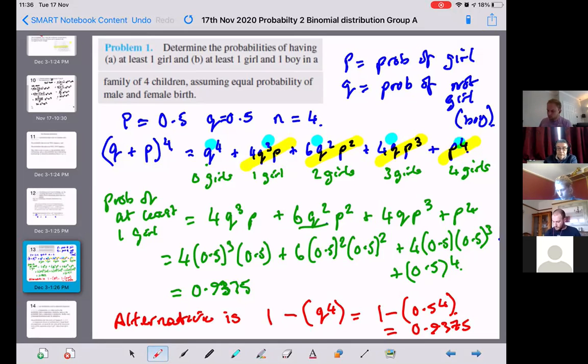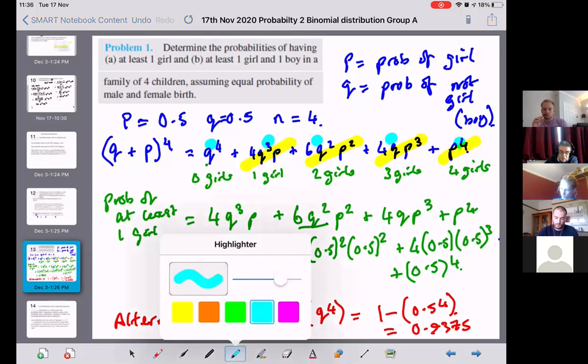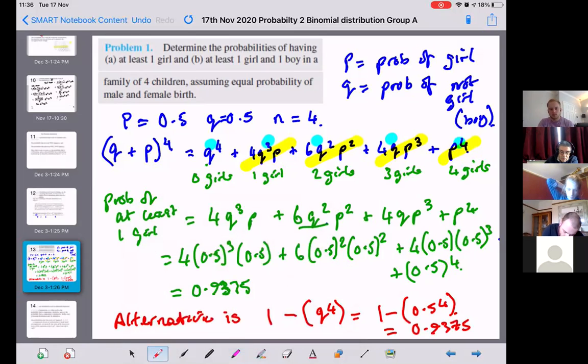Okay. Now, B is at least 1 girl and 1 boy. So which terms do we want here for at least 1 girl and 1 boy? The 1, 2, and 3. Yeah, the 3 middle ones.